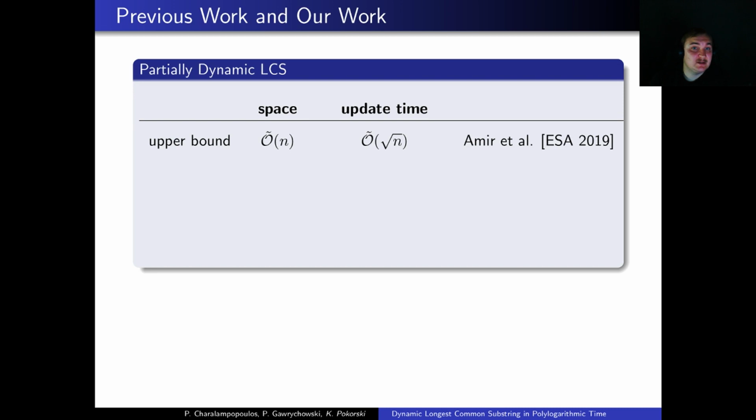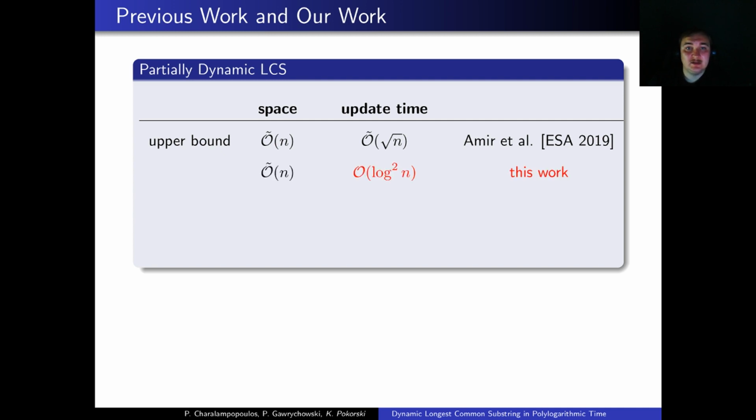What was known about this earlier? For partially dynamic LCS, with only one dynamic string and another static string, an earlier paper had update time root of n times several logs, and space bounded by n polylog n. The O-tilde notation hides the polylog n factors.